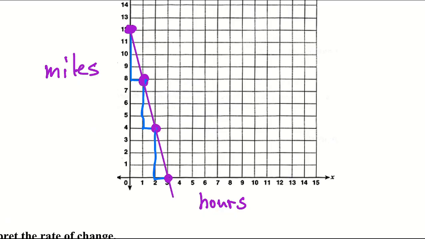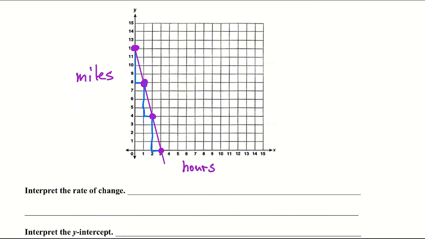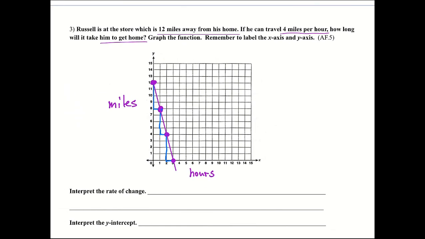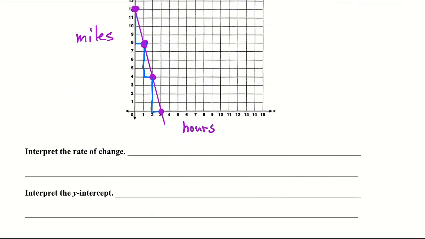There we go. That's what the graph should look like. The rate of change is 4 miles per hour. So what's his name? Russell.